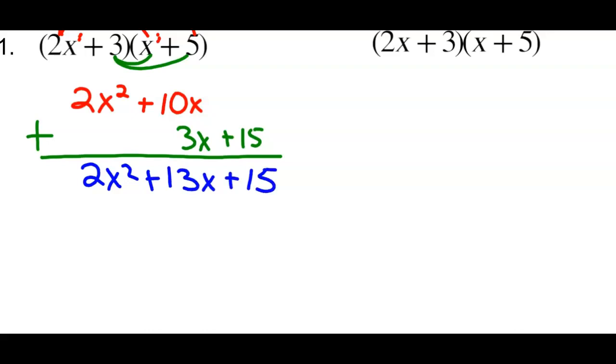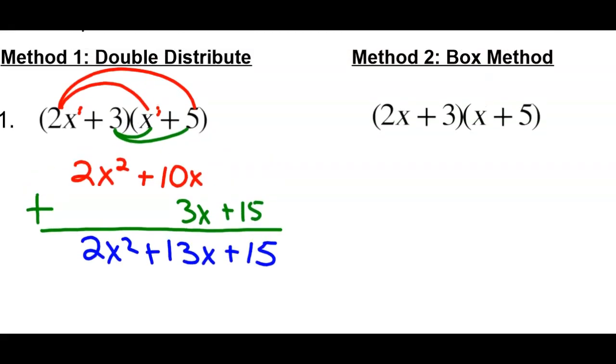Plus 15. So that's double distribute. You distribute the top, you distribute the bottom. As you are first learning this, I expect to see those rainbows. When you get better at it, I don't care if the rainbows aren't there. But on this whole worksheet, if you choose to do this method, you're drawing rainbows.